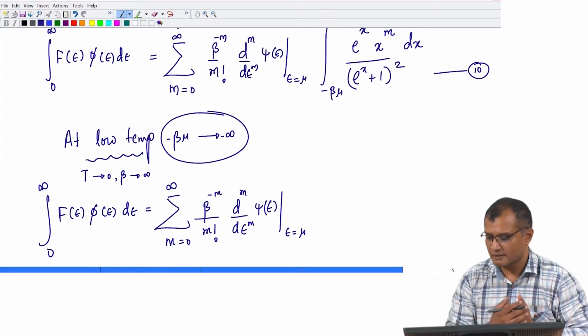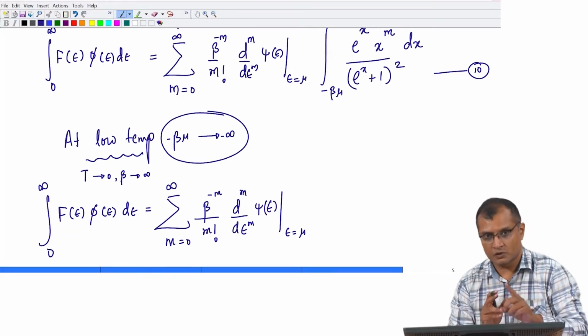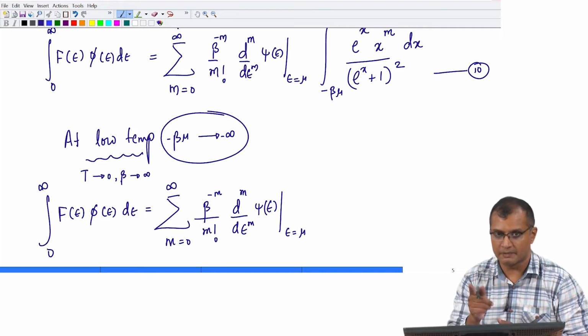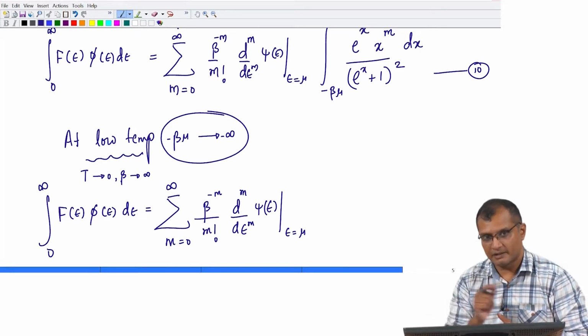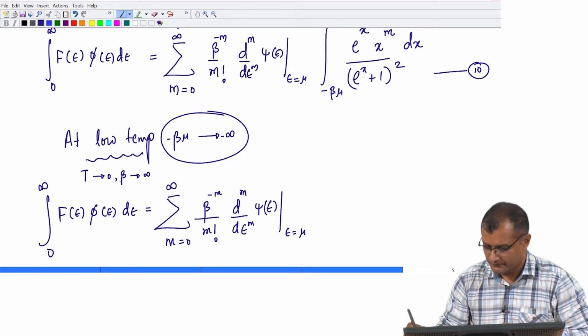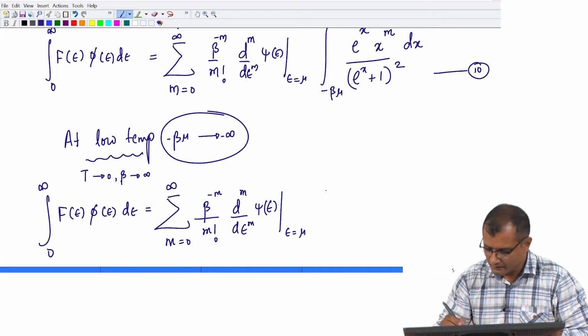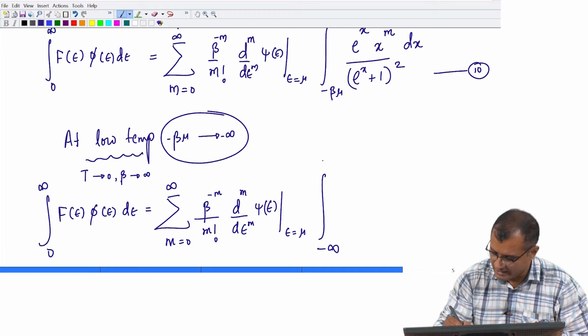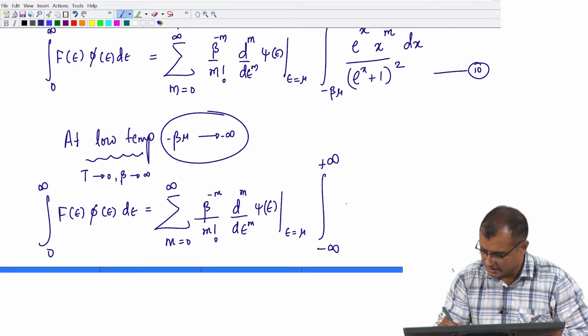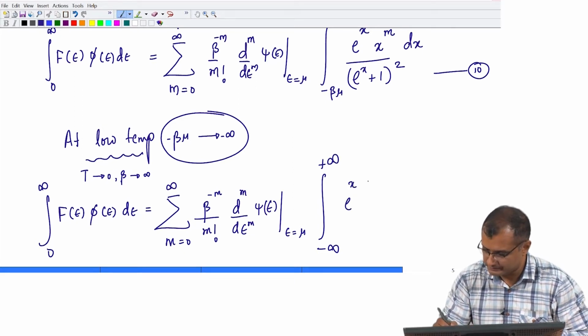In fact, the integral that I am going to run into very soon will also be explained in the mathematical prerequisites, which is discussed as a separate lecture, so that I do not take a long digression into the problem. So, then this integral at the low temperature will have now new limits going from minus infinity to plus infinity, e to the power x, x raised to m over e to the power x plus 1 the whole square dx.